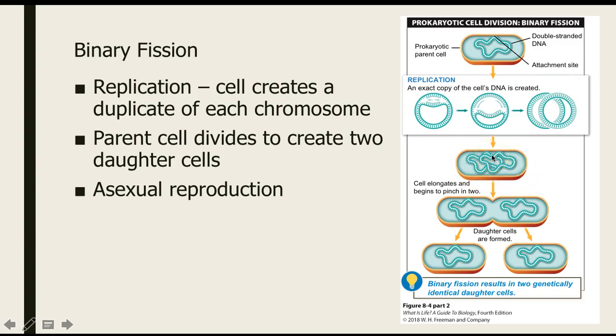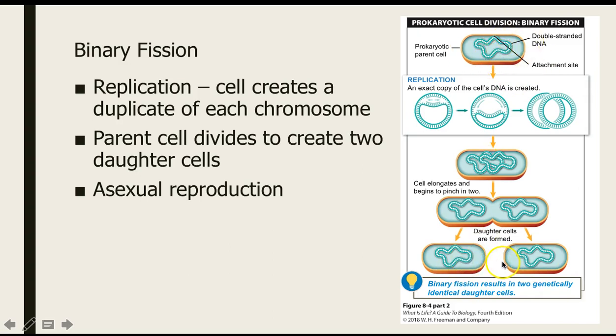So what happens next is the cell division process. Replication is all preparation for cell division, but cell division happens after replication happens. In binary fission, which is very, very basic, the cell elongates. It gets longer and longer and longer, and as it's getting longer, it's pulling these two strands of DNA farther and farther apart. Eventually we get a pinching in, and we get two separate cells, each of which is called a daughter cell to the original parent cell, which is up here.